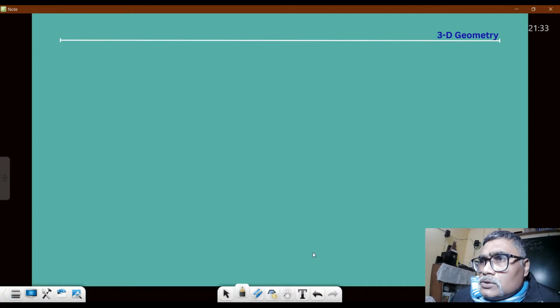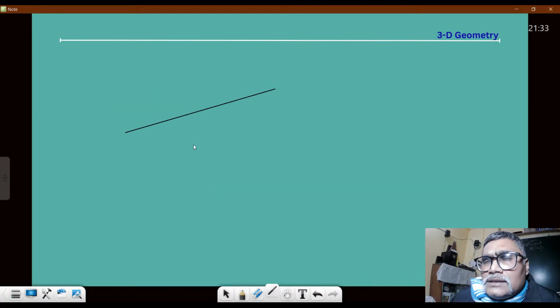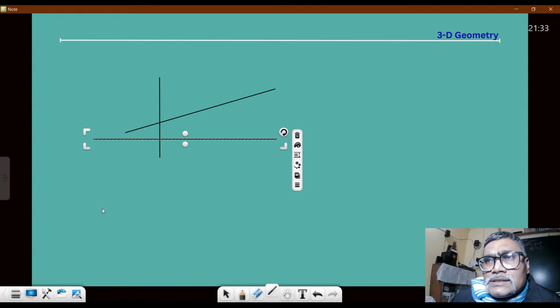Okay, so what do you mean by direction cosines of a line? Direction cosines means suppose I have a line, and this line is making certain angles with the three coordinate axes in space.